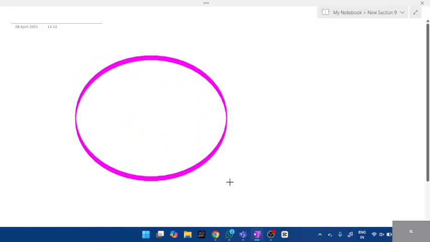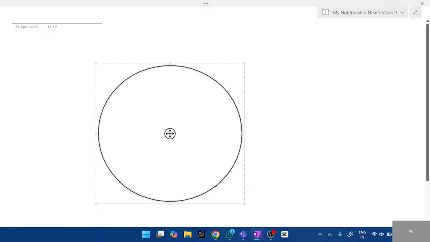Okay, next, angle formed on a semicircle. See, this is a circle, center. I'll draw a line like this.